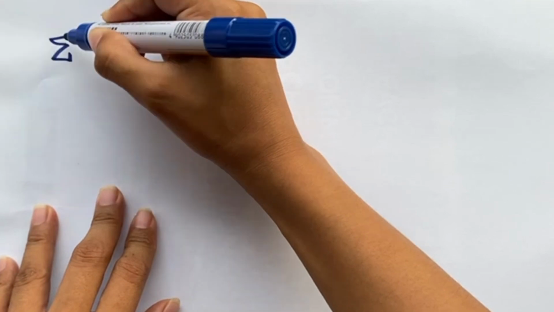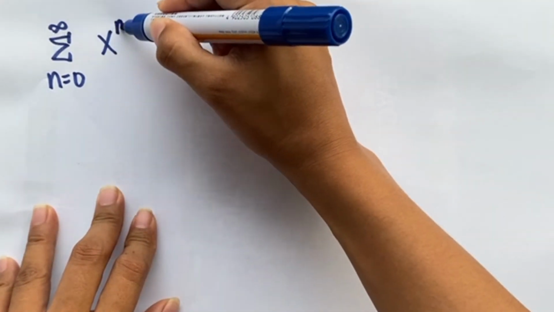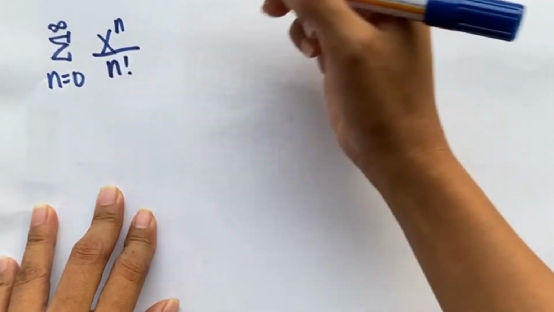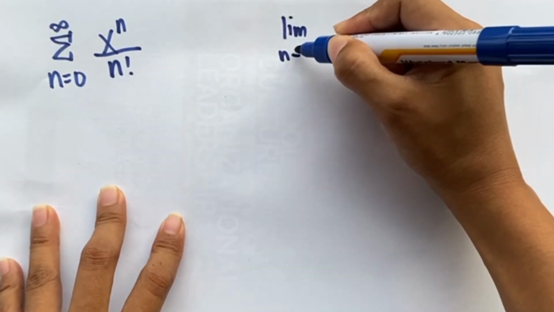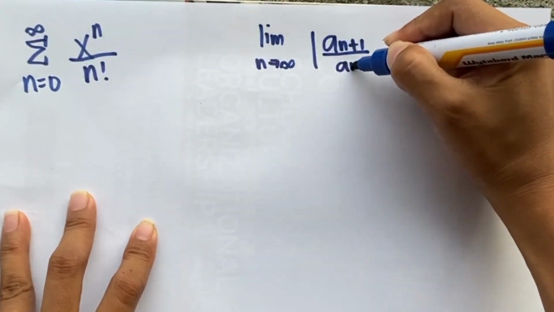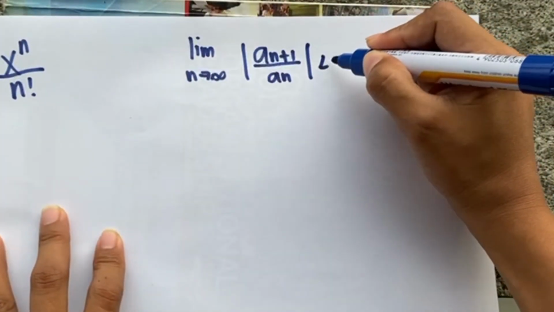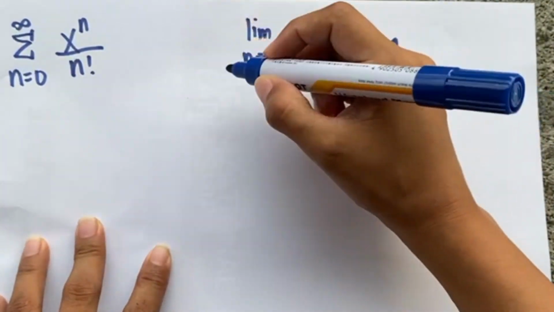Next, given is the power series from 0 to infinity of x raised to n over n factorial. Using our ratio test, a sub n plus 1 divided by a sub n less than 1. So n changes to n plus 1.